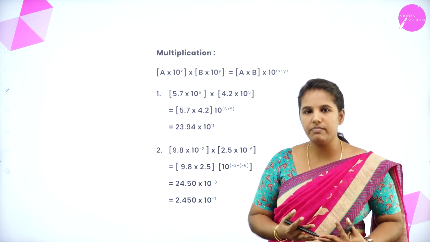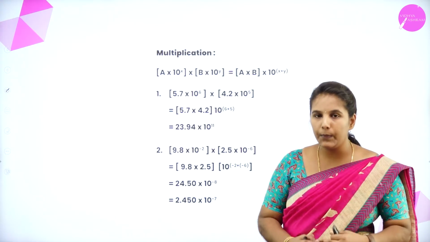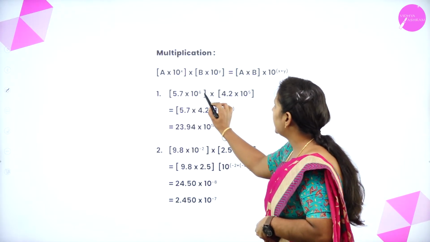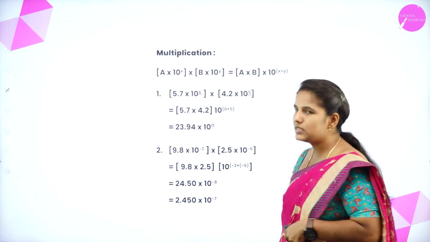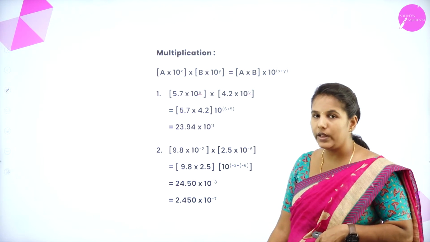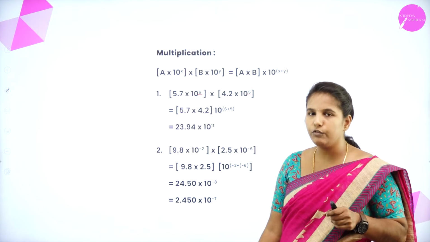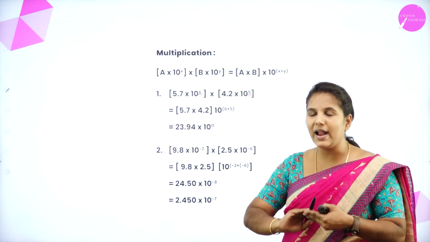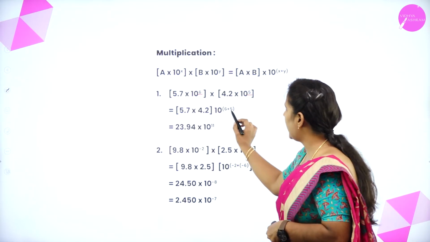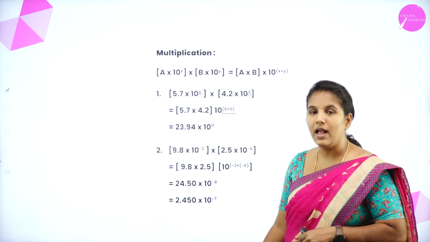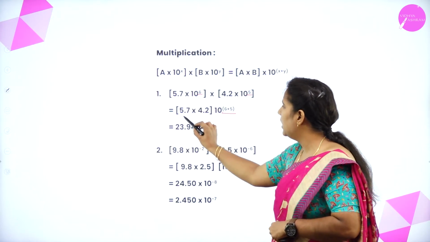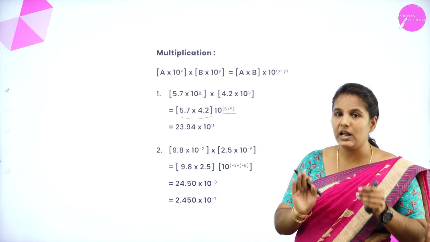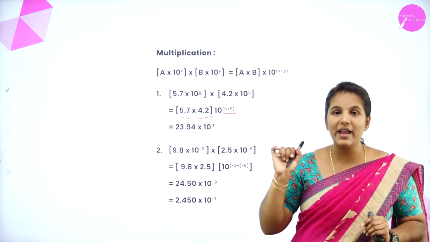It is very simple. Before multiplying, we have to find out the exponent. So here the exponent is 6 and the exponent is 5. While doing the multiplication, remember, we have to find the exponents first and add them, and the remaining quotient must be multiplied. The quotient should be multiplied, but the exponent should be added.